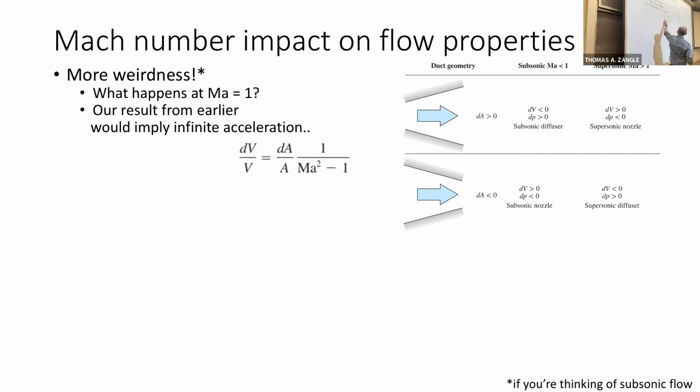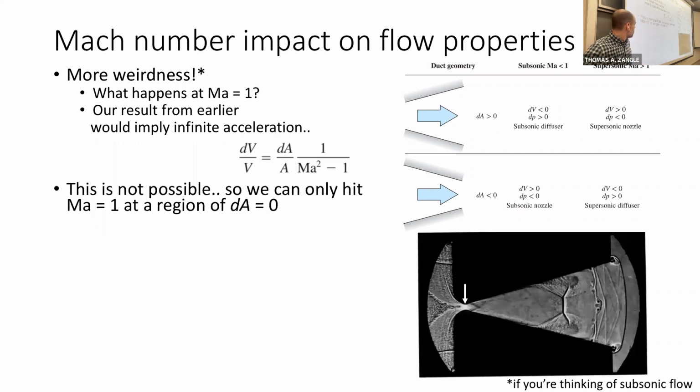But at Mach number equal to 1, this would imply infinite acceleration. It would imply that the velocity would just go to infinity. We have a Millennium Prize problem or something, right? But since this is not possible, we cannot have infinite acceleration.